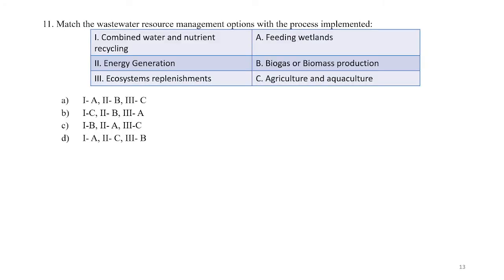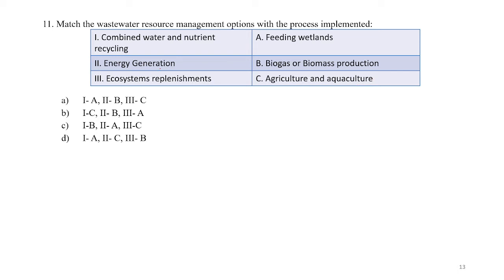Next is a match the following question. Match the left side options with the right side statements. On the left side you have combined water and nutrient recycling, energy generation, ecosystem replenishments, and on the right side you have feeding wetlands, biogas or biomass production, agriculture and aquaculture.